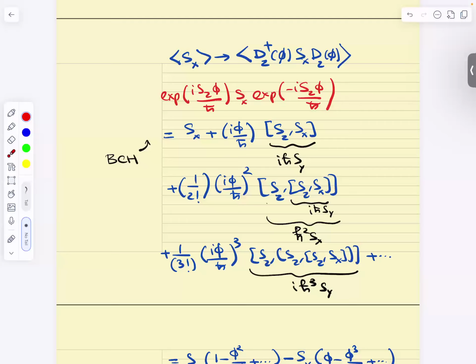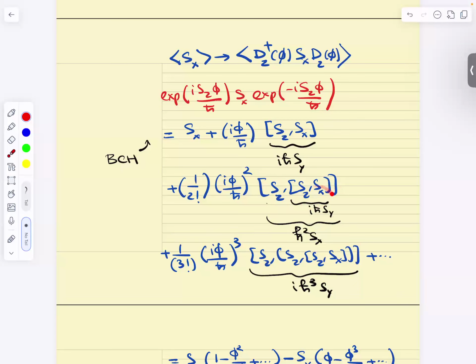Let's eat one of the h bar over 2 into this so that we get h bar, this 2 and 2 cancel. i h bar epsilon zxy Sy. What is epsilon zxy? It's 1. All right, then that's the commutator.